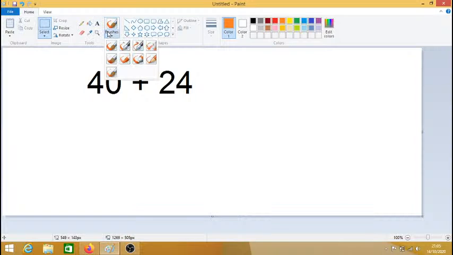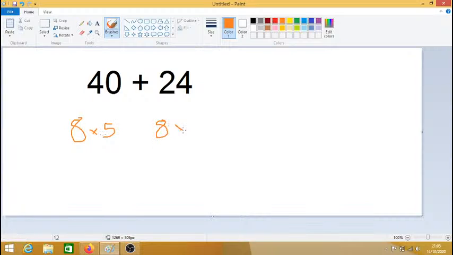So think, and if you really want to get good at math at A-level, you have to be able to pick factors instantaneously. So here with 40 and 24, you want to be able to say 8. 8 can make both of them. So 8 can make the 40, and 8 can make the 24.